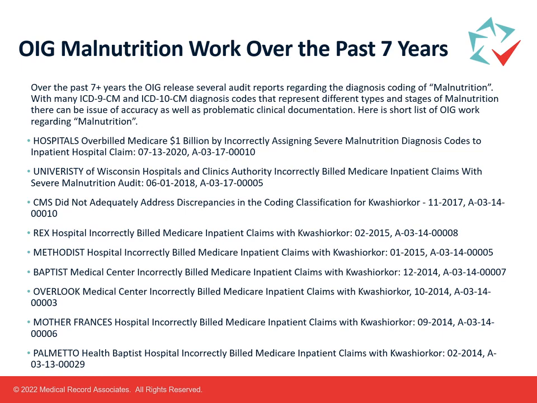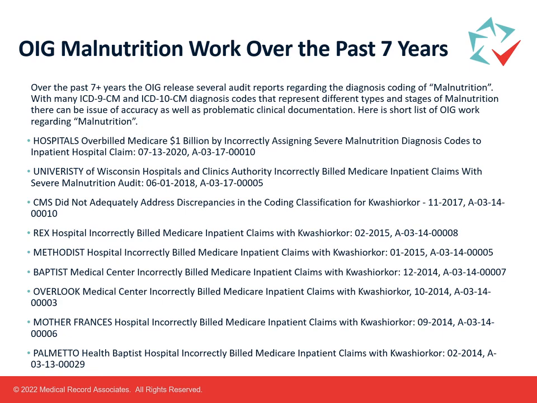Then there was a break, and in 2017, they put together a report that there were discrepancies in the coding and the classification of kwashiorkor as well. Well, we thought that put an end to it, but it didn't.